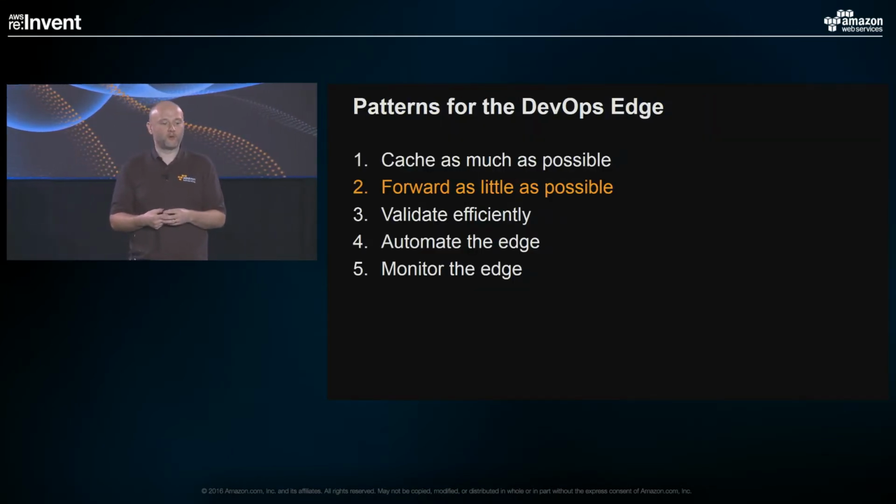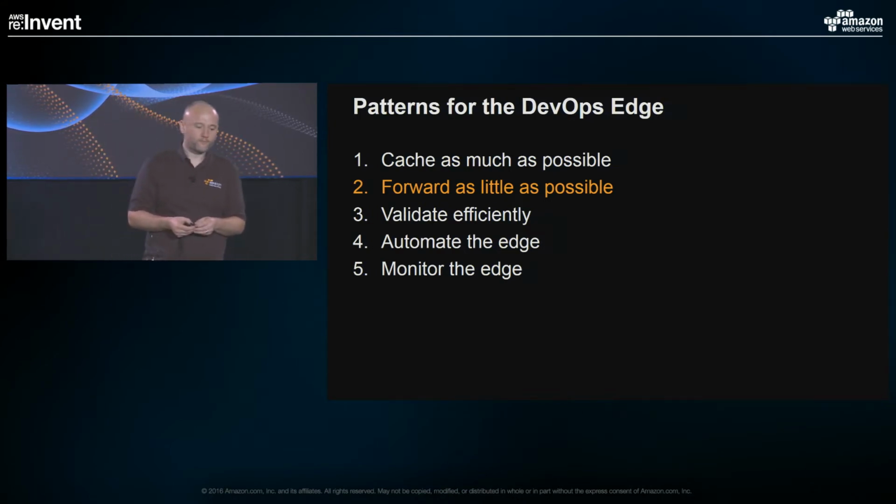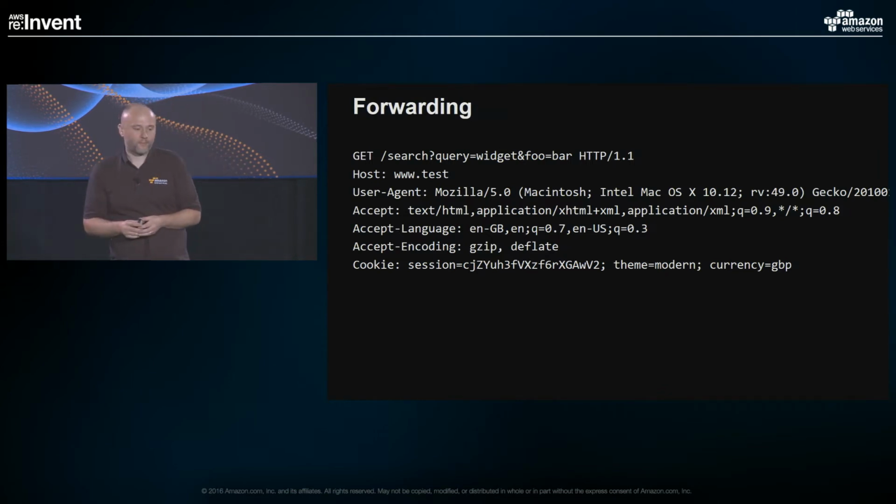So the second pattern to talk about is to forward as little as possible. So what do I mean by forwarding? This is a concept within CloudFront. If you make a request against CloudFront and it's not in the cache, it's going to make that request back to the origin to get the content it needs.